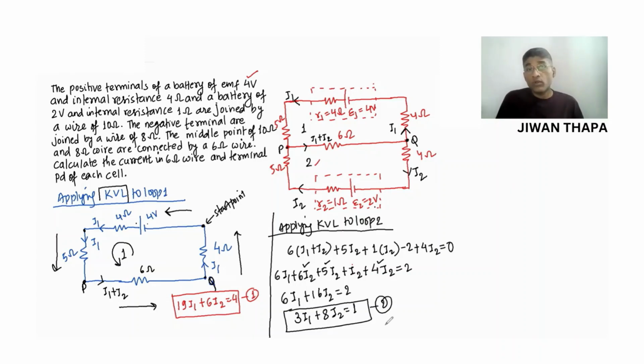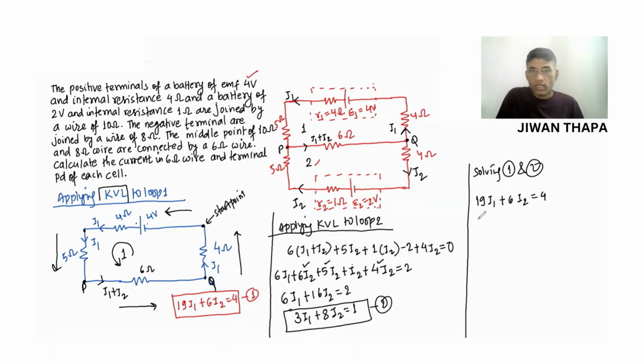Now we are going to solve equation 1 and 2. Solving 1 and 2. So what we get? So I'm writing in this way, 19I1 plus 6I2 equals 4, and 3I1 plus 8I2 equals 1.